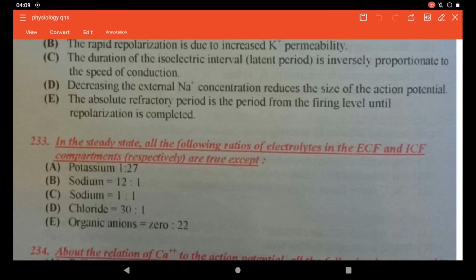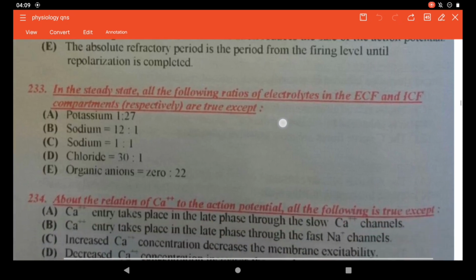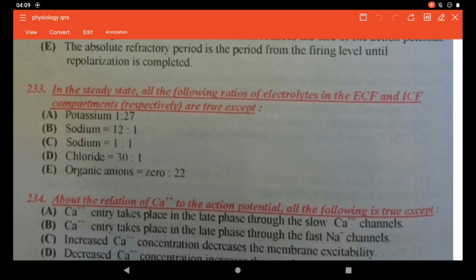Now, we can go ahead and look at 233. In steady state, all the following ratios of electrolytes in the ECF and ICF components, respectively, are true except: A. Potassium 1 to 25.